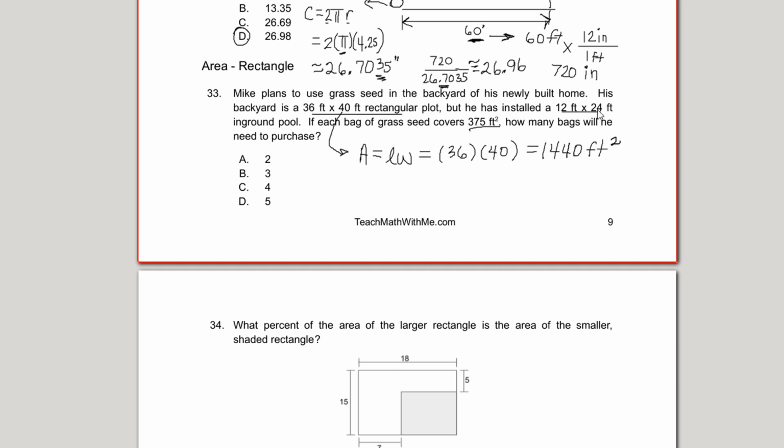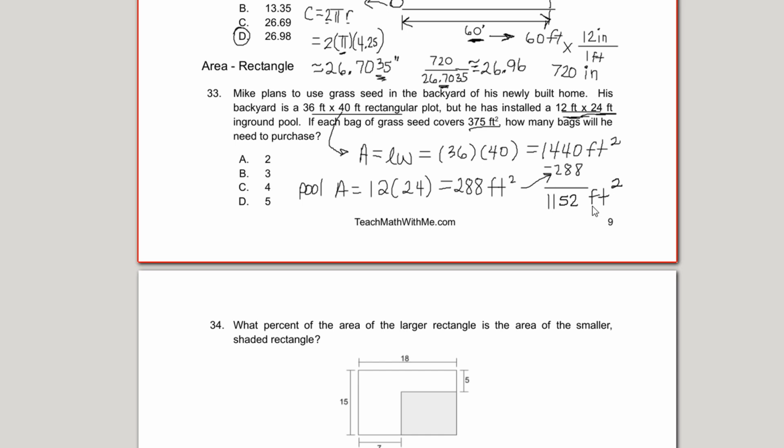But he's got this pool that we need to subtract out, the 12 by 24 pool. So that was the full lawn. For the pool, the area is going to be 12 times 24, which is 288 square feet. I need to subtract that from the 1440, and I get 1152 square feet.